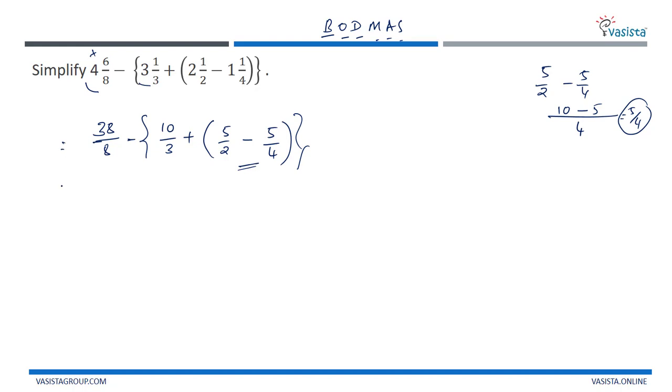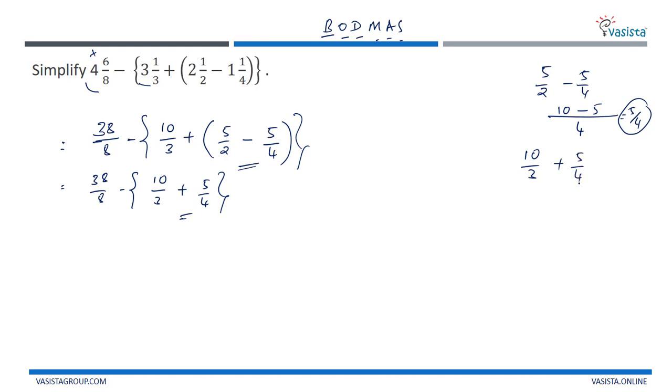So now this equation becomes 38 by 8 minus, open a bracket, 10 by 3 plus 5 by 4, correct? Now we need to simplify 10 by 3 plus 5 by 4.